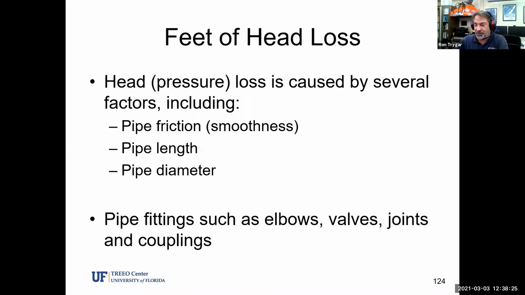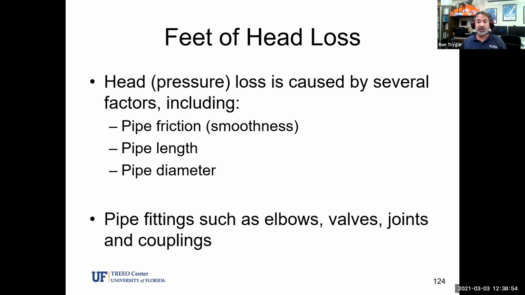Feet of head loss is essentially saying you're losing pressure, and we're going to equate that to an amount of feet by using a couple of these conversions like we just did. How we lose pressure or have head loss is through things like pipe friction, or think about pipe smoothness.